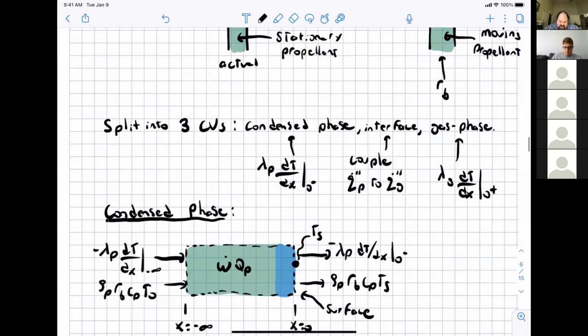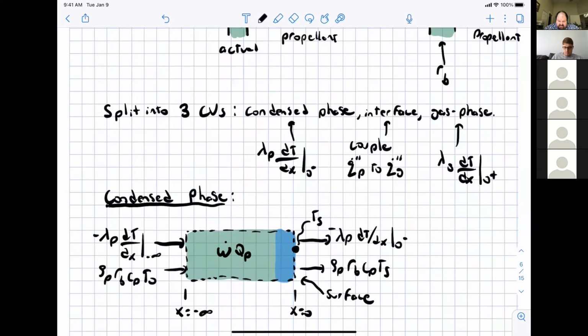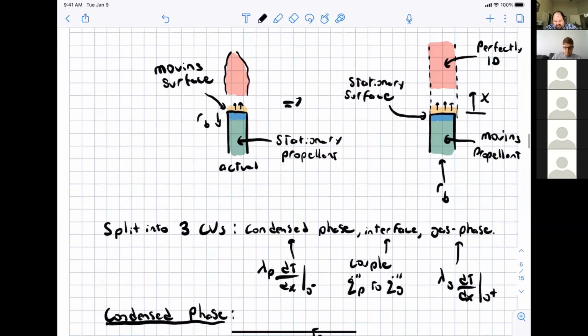Okay, so now we're going to split the domain into 3 control volumes, because essentially we want to find how fast we need to feed the propellant in to produce an equilibrium flame structure, and we don't know that value.